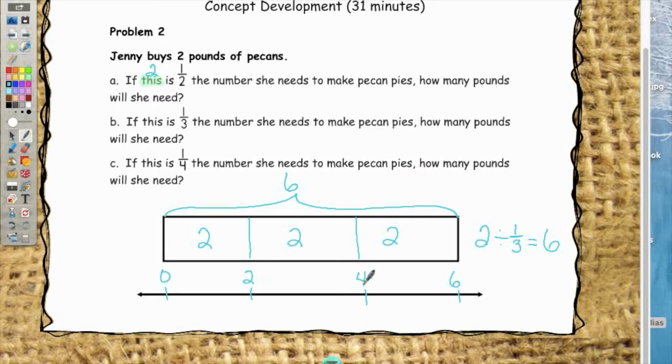Yeah. So this is going to be 0/3. What will 2 be? 6/3. Good. We're counting by 3s. 9/3. 12/3. That wasn't right.